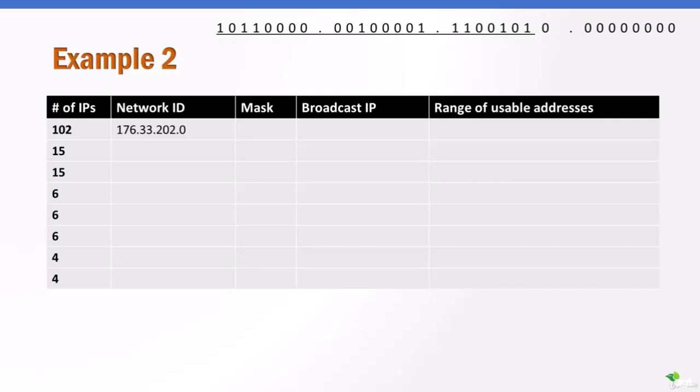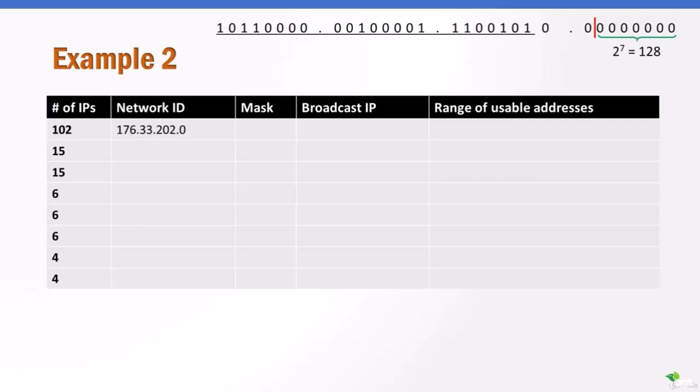Next thing we need to determine is how many host bits we're going to use to be able to create 102 different combinations. We'll go with 7 bits because 2 to the power of 7 is 128. And that is good enough for us because we need only 102.